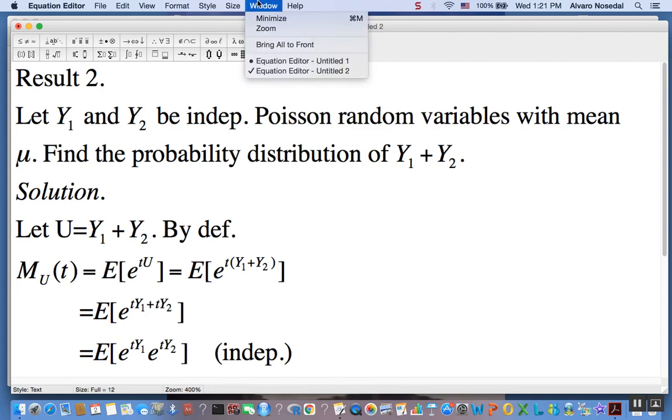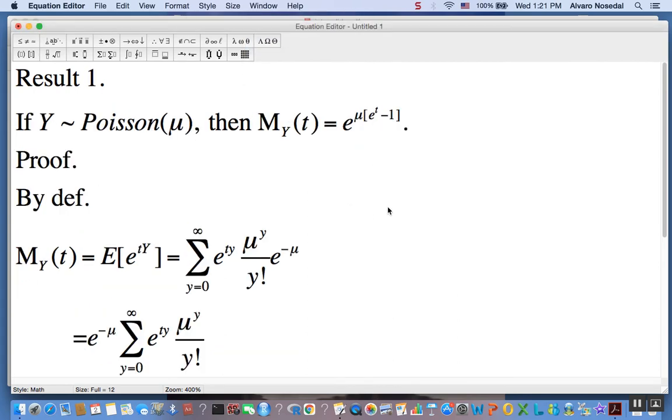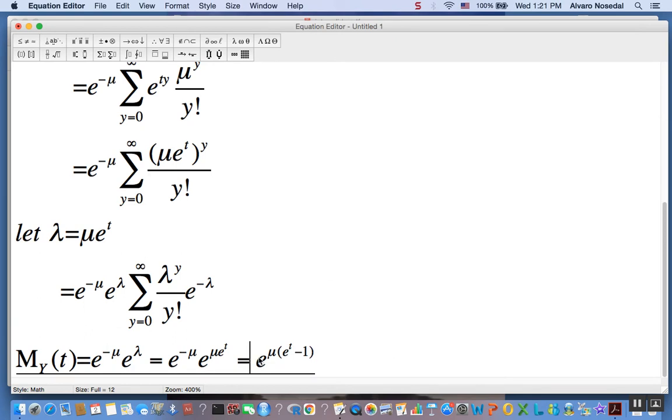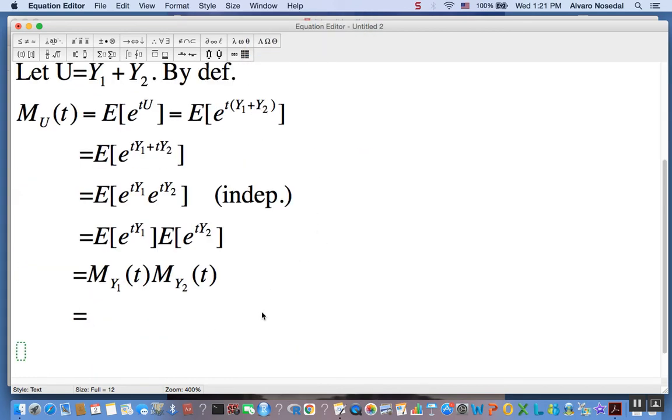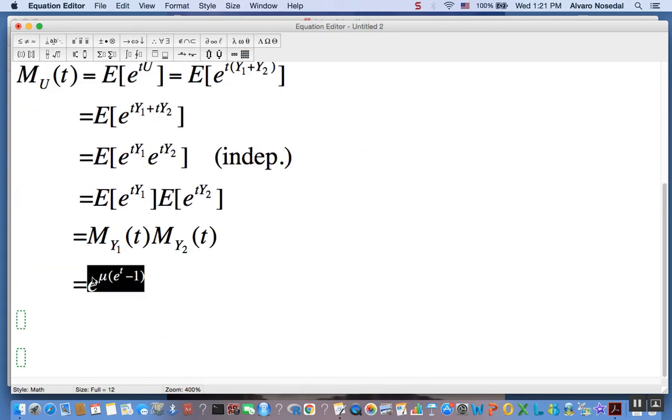And from our first result, that's the MGF for a Poisson with mean mu. So we have e to the power mu times (e^t minus 1) times that. Again, these have the same distribution. Okay?